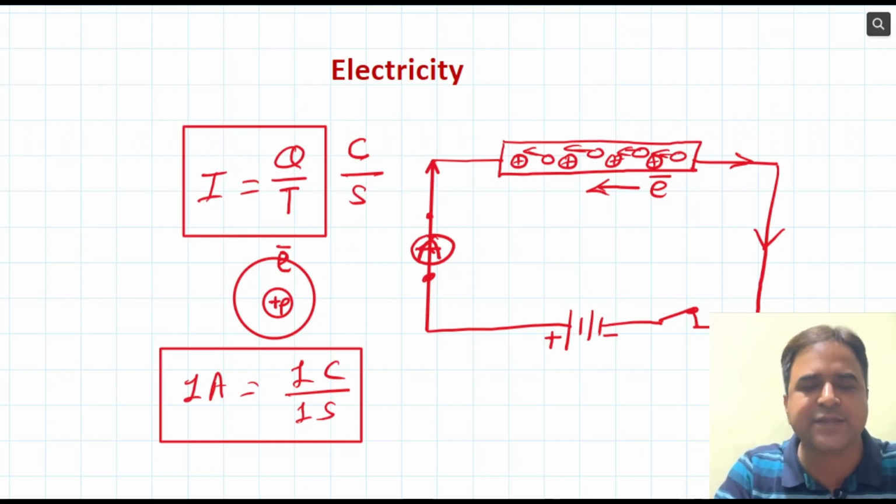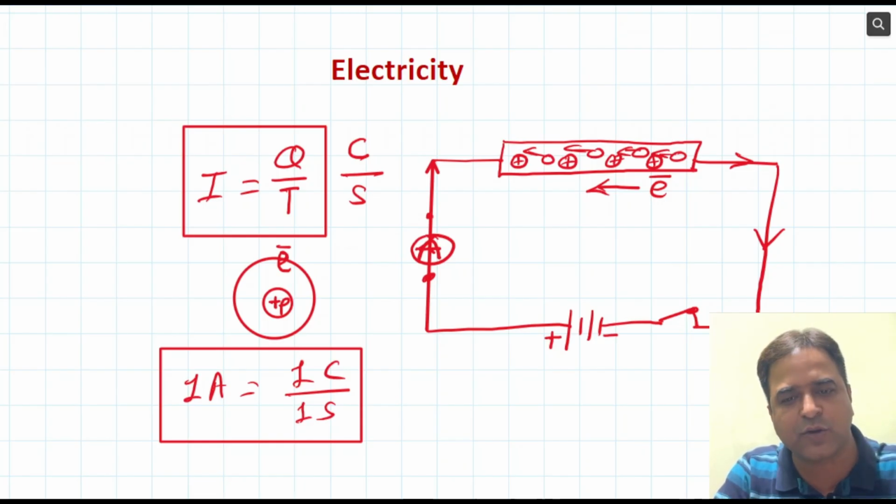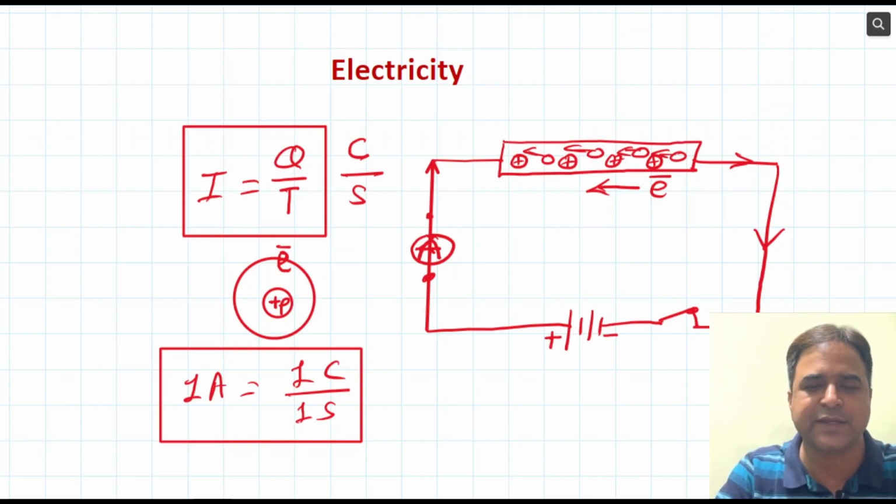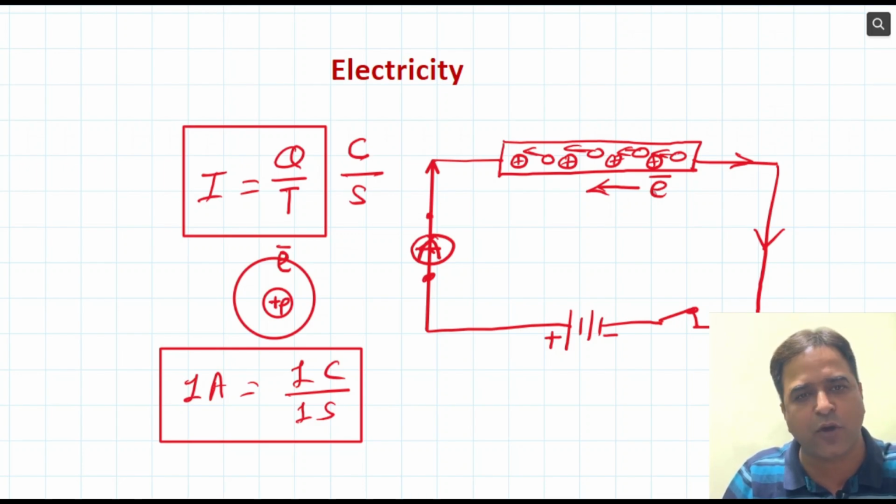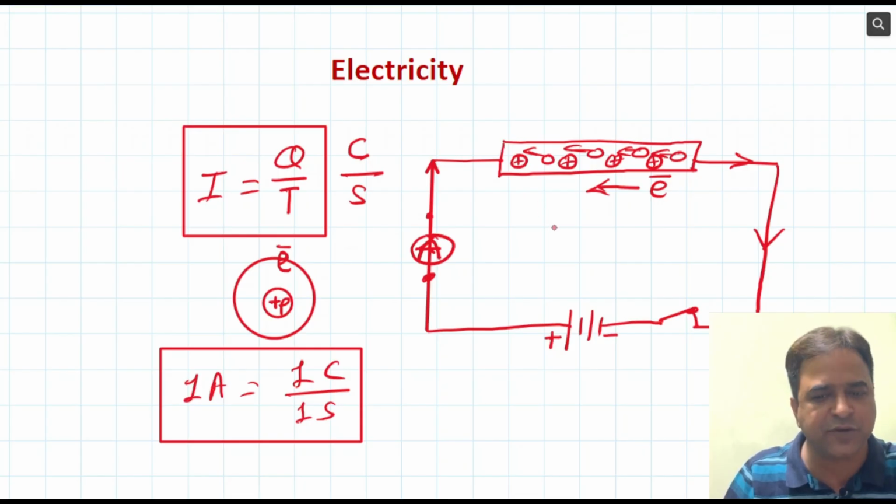Now the next electrical quantity we are going to do is potential difference. Just now I said these electrons are flowing from negative terminal to positive terminal, because of which electric current is generated. Now they are not going to do so on their own. So some energy is required, some work is required.